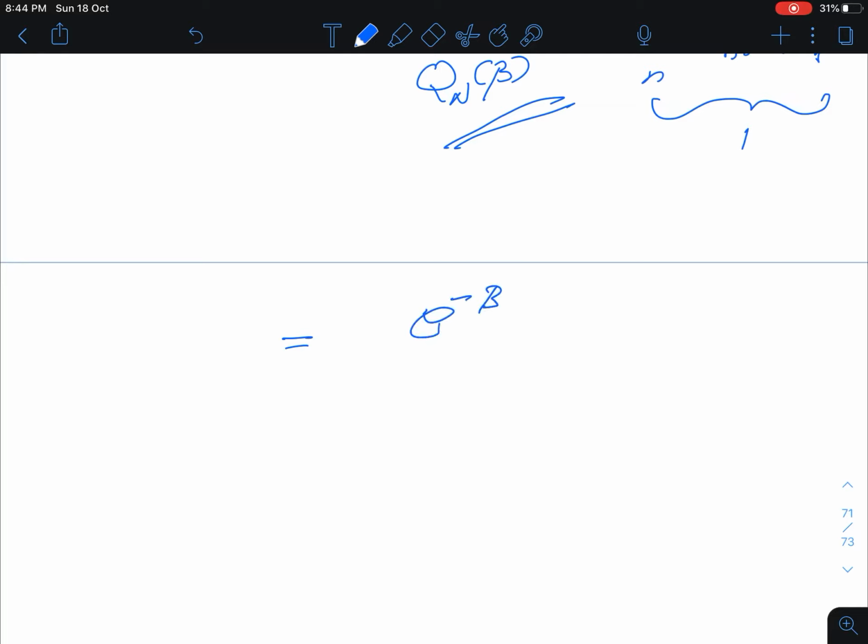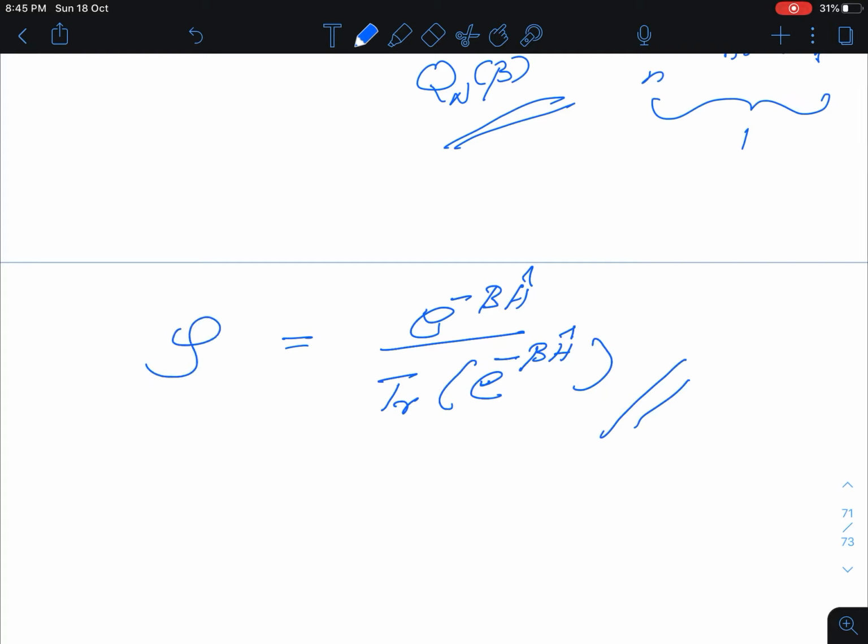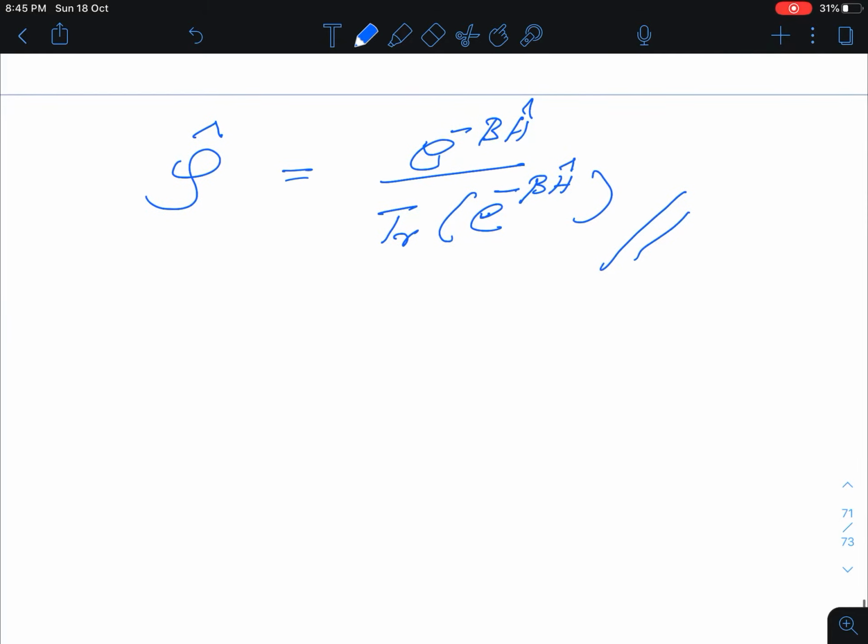So e raised to minus beta H operator divided by Qn. What is Qn? Actually it's a trace, because it's a diagonal matrix, the trace of e raised to minus beta H operator, so the sum of its diagonal elements. So that is beta H. Clear? So this is it. So that is the rho operator. Good. Be careful.